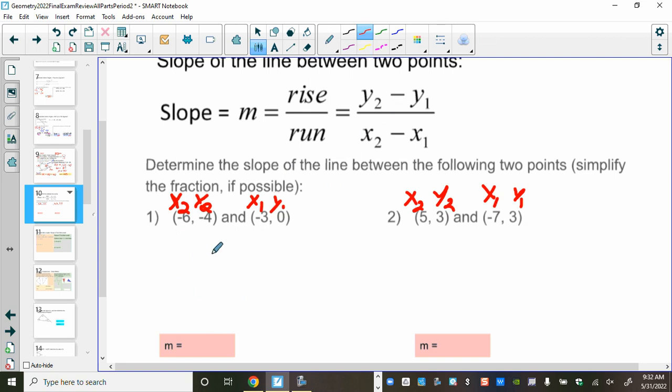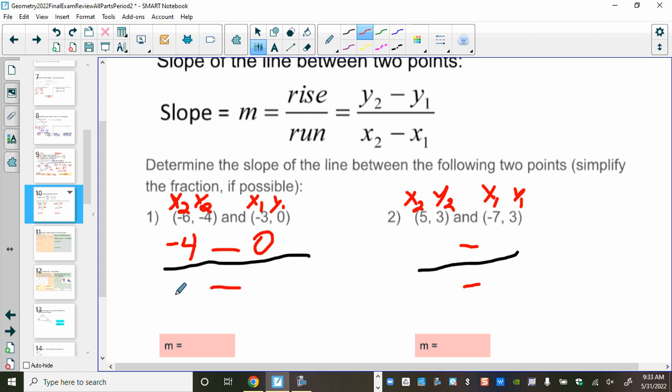in the middle always stays in the middle, regardless of whether or not your second number is positive or negative. That minus sign is always in the middle. So y2 negative 4 minus 0, that's not bad.